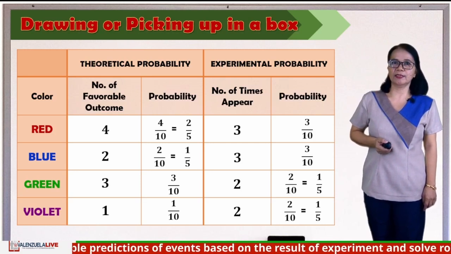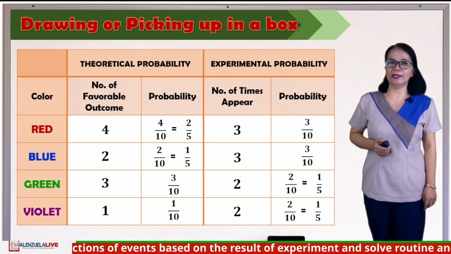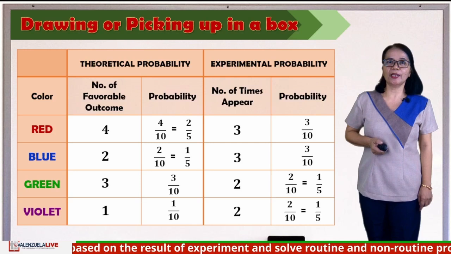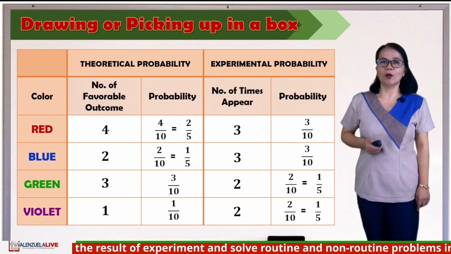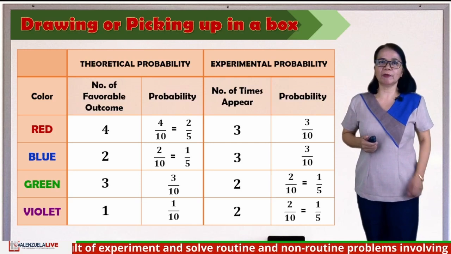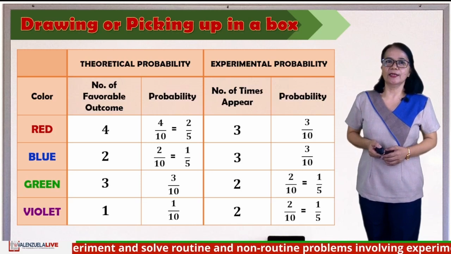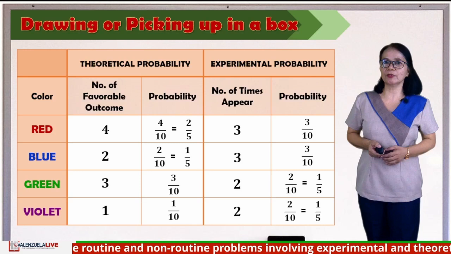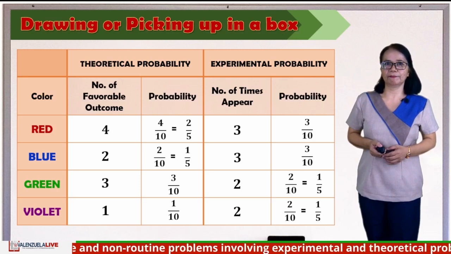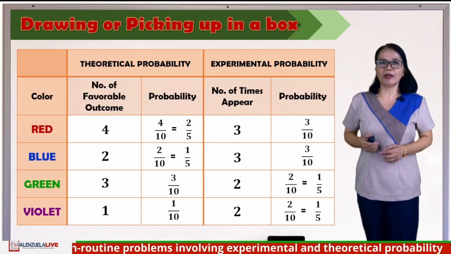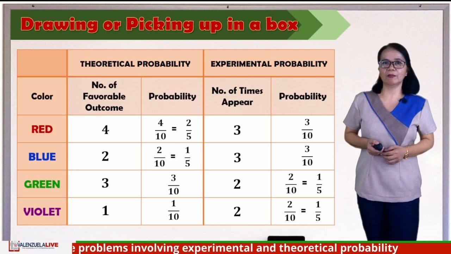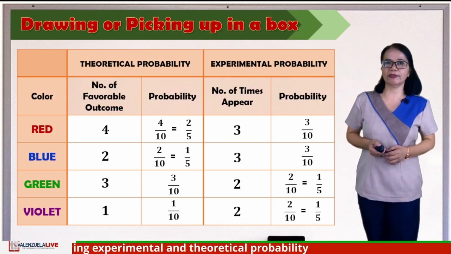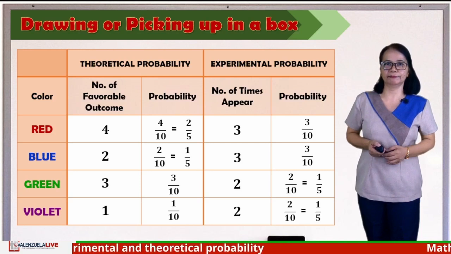Simply because in theoretical probability, the outcomes are based on what we actually expect to happen, whereas in experimental probability, it is based on the result of the experiment and the result may vary. As more trials are conducted, the experimental probability generally gets closer to the theoretical probability.